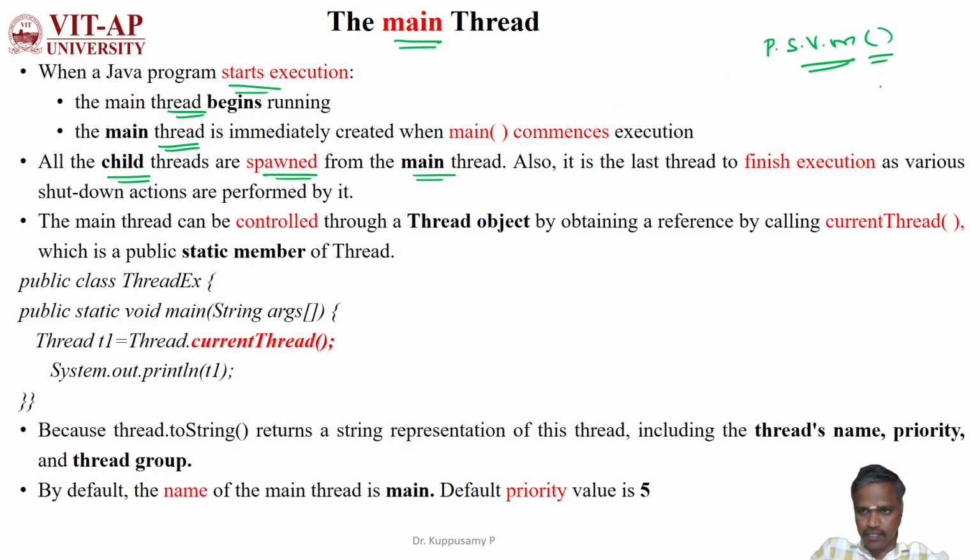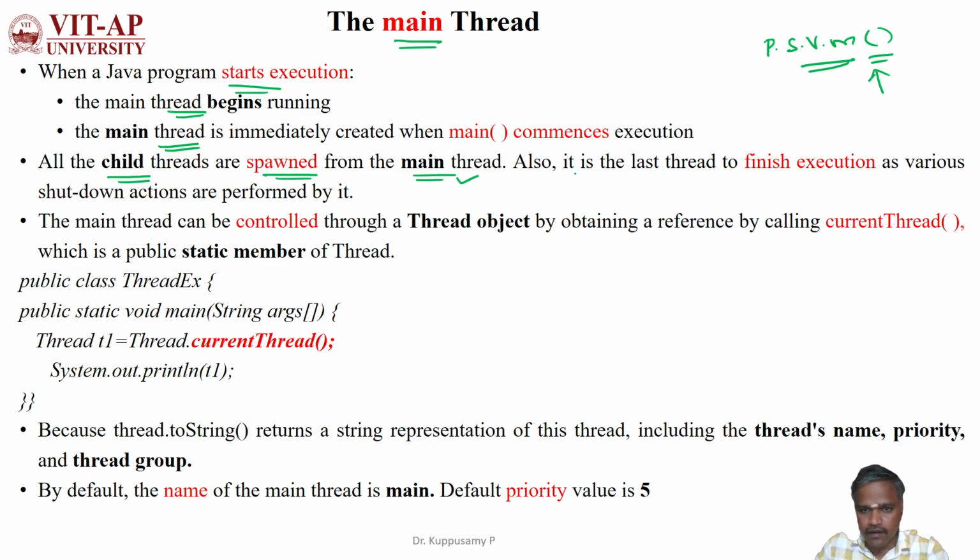Once the main thread is created, the remaining threads are created by the user defined thread concept. Inside those threads we can also split a thread into child threads. Here the main thread acts as a parent, and the remaining threads act as child threads.